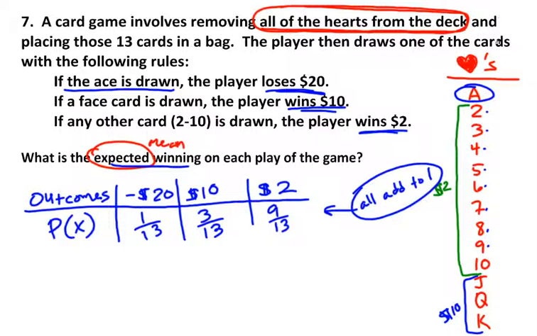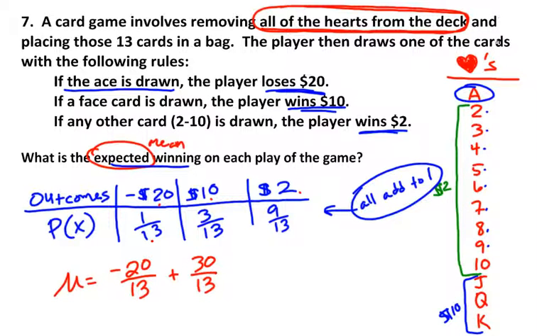So now that we've identified our distribution of values, we're going to figure out the mean of these by multiplying each value times the probability of its occurring. So this is going to give us negative 20 times 1/13 would be negative 20/13. And we'll get to the decimal part of this in a minute, but right now we're just going to leave it as a fraction. 10 times 3/13 would be 30/13.